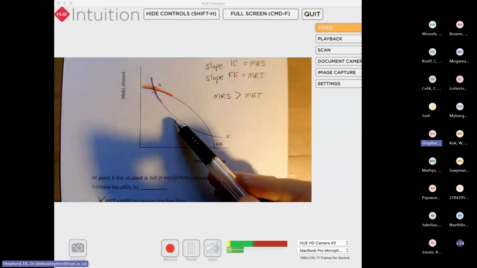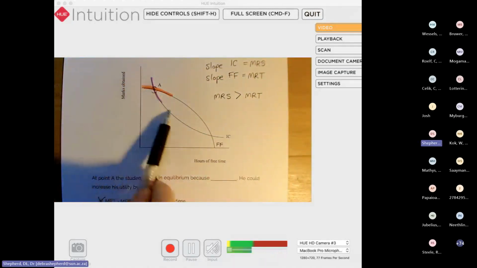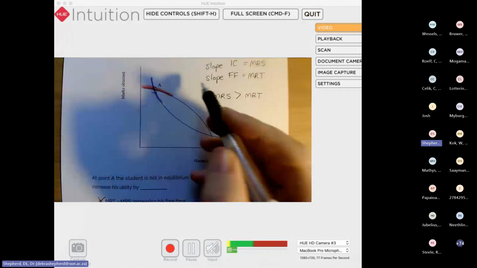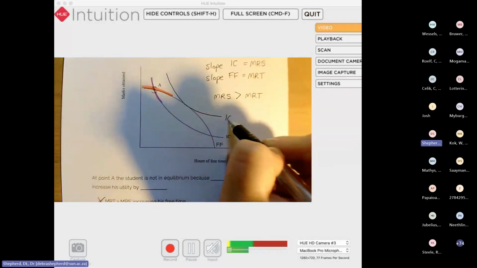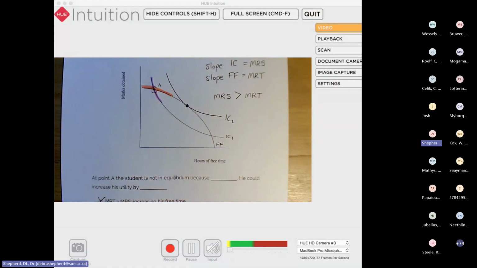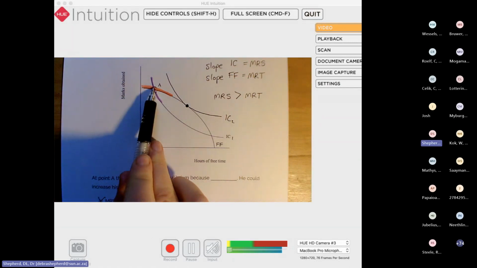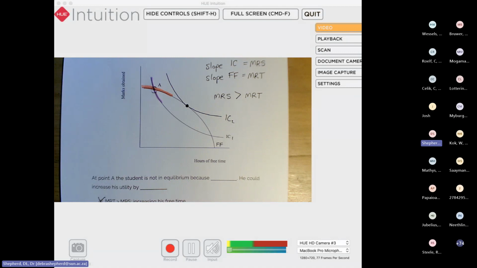So if we look at this picture here, where would an optimal point exist? So if this is the shape of the indifference curves, then I could argue that an optimal point would be somewhere like here. Okay. So looking at A versus this point here, would higher utility be achieved by studying more or studying less?